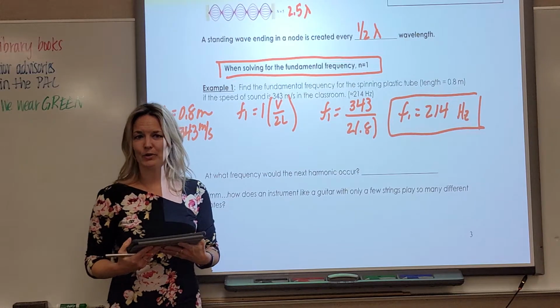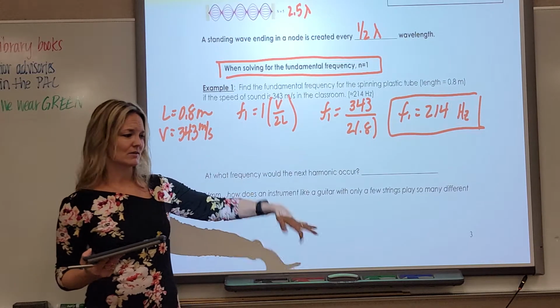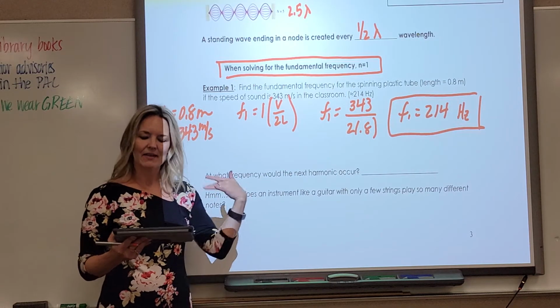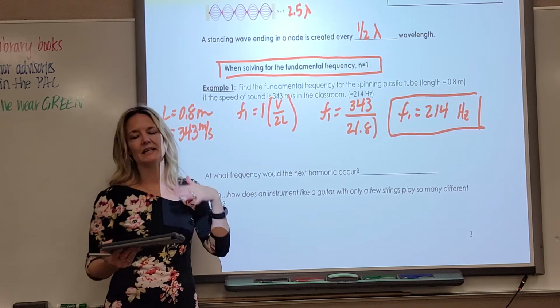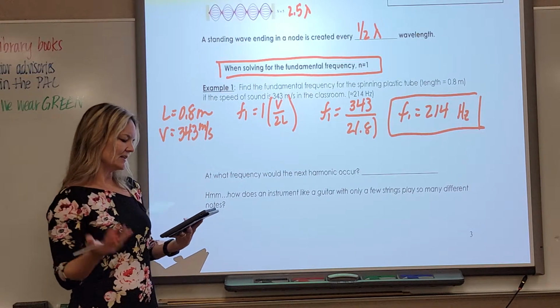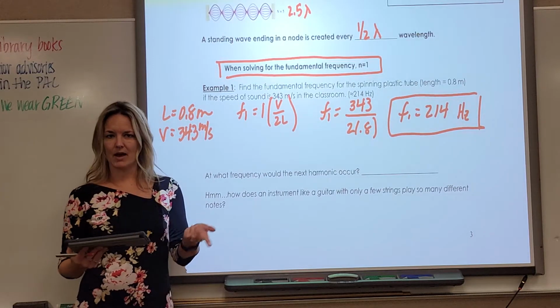The note that I hear played, then each note on the musical scale, as you start low and get high, has its own number, its own fundamental frequency. That would match up. It could be middle C. It equals one of the musical notes. The question then is, at what frequency would the next harmonic occur?